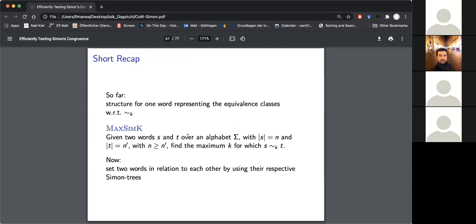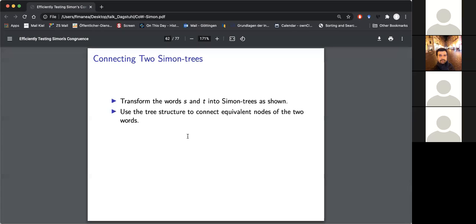Now, given 2 words, we want to find the maximum k for which they are equivalent. What are we going to do? We are going to set these 2 words in relation, one with the other one, by using their respective Simon trees. How do we do that? We transform these words into Simon trees, as shown before, and we use this tree structure to connect equivalent nodes of the 2 words.